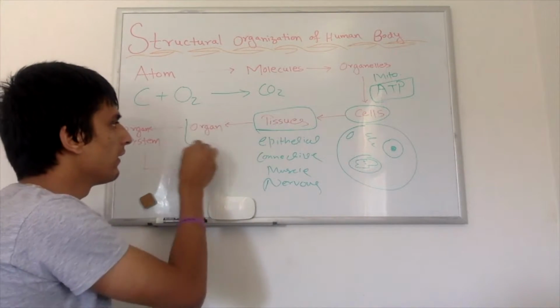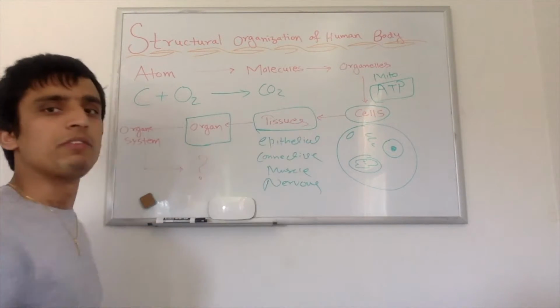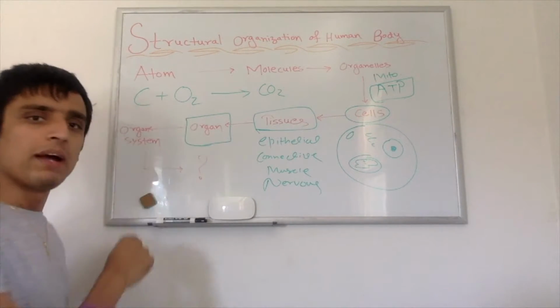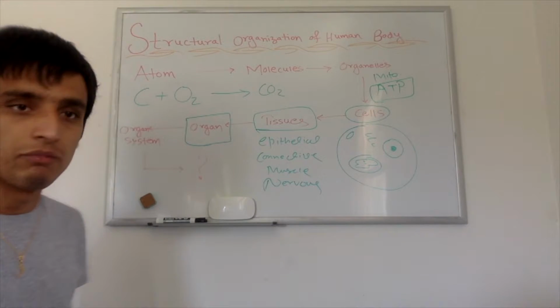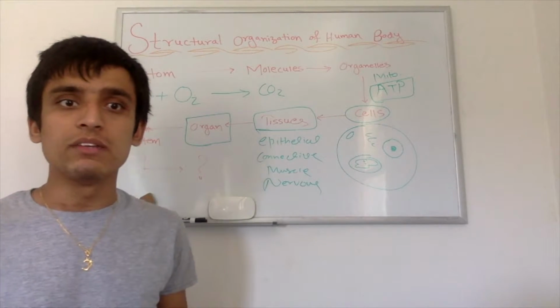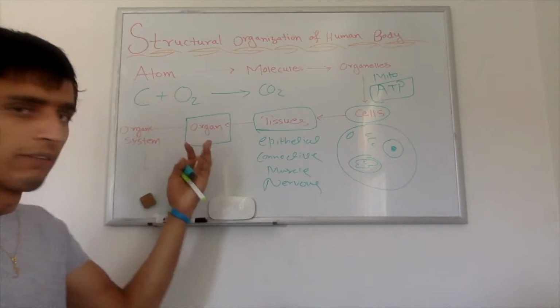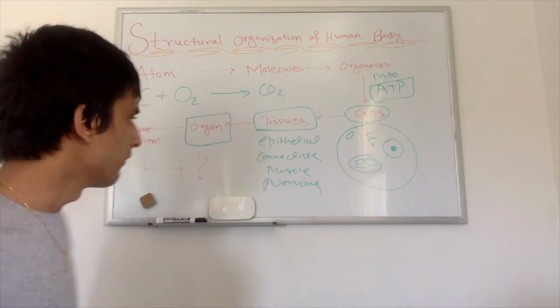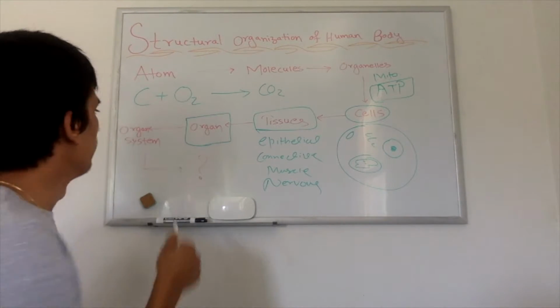An organ is basically a combination of tissues. This is another level. When organs combine together, they form an organ system. For example, blood vessels, heart, and capillaries are organs, and together they form the cardiovascular system, right? Like I told you.